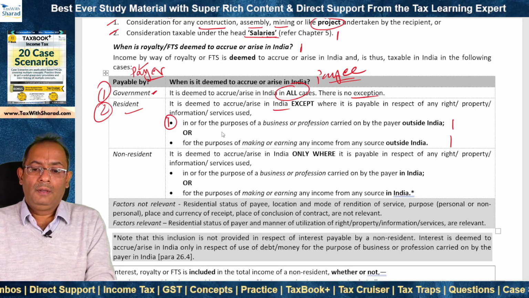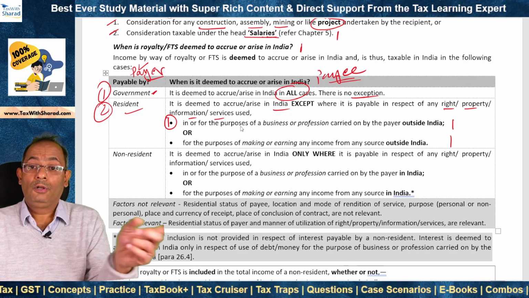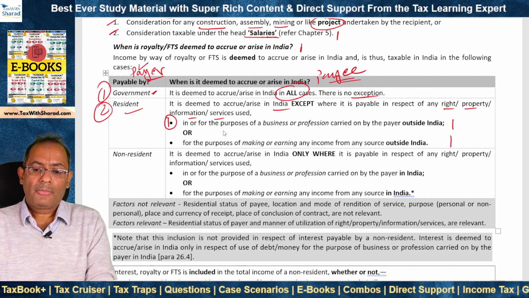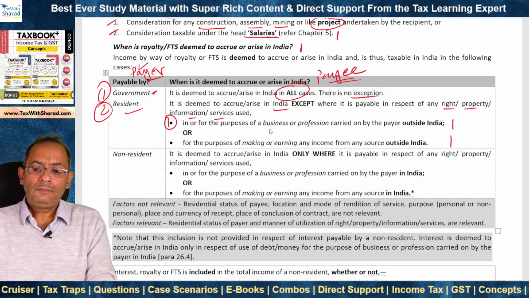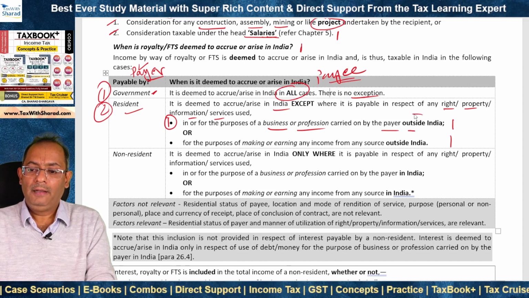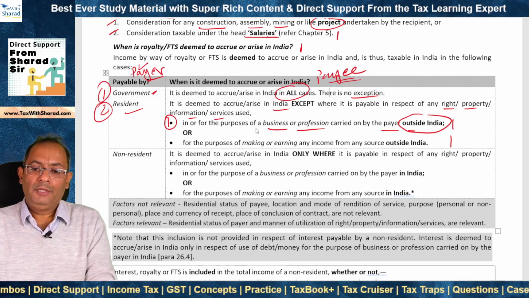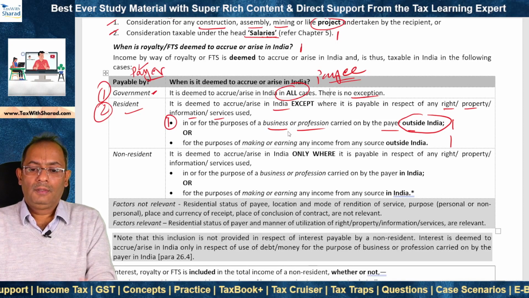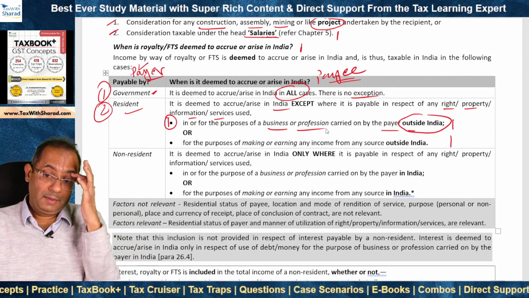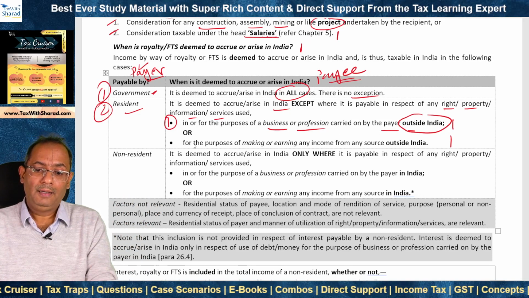Number one, where the right or property or information or services on account of which royalty or FTS is arising is used for business or profession carried on by the payer, the resident payer, outside India. So where the right, property, information, services are used, there is a business or profession carried on by the resident payer, and the use is in such business or profession carried on by the payer outside India.